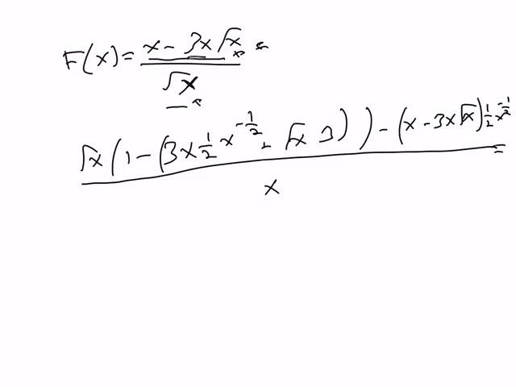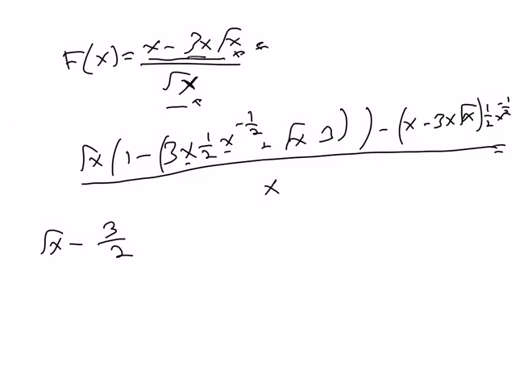So, minus, and then we take, should I simplify this? Okay, so we're going to have 3 over 2, and then this times that is x to the 1 minus a half.